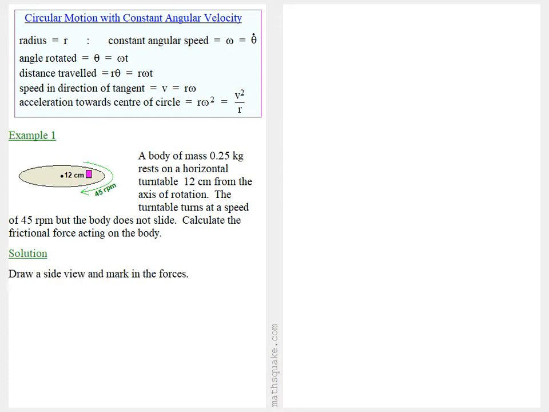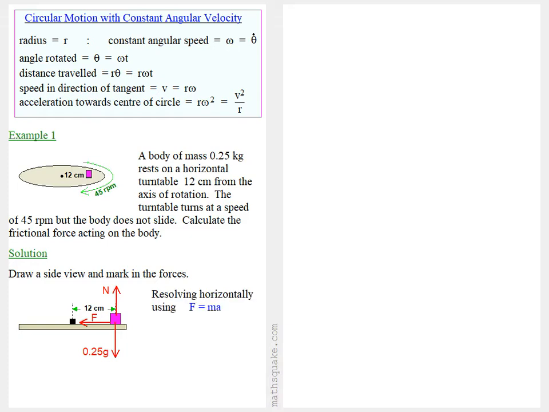Well, to solve this, we need to draw a diagram of the side view and mark in the forces. Now there's the weight of the body, which is 0.25 g, where g is 9.8. There's a normal reaction vertically up, and there's a frictional force F towards the centre of the turntable.